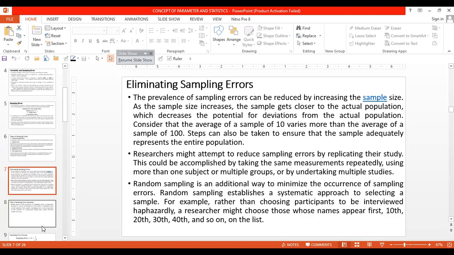Also, when you do random sampling, you minimize the occurrence of sampling error. So random sampling, other than going for these other methods, reduces these types of error.